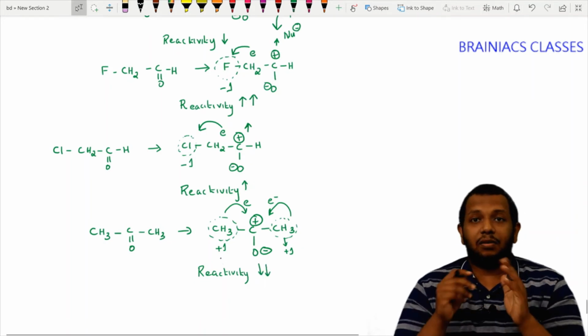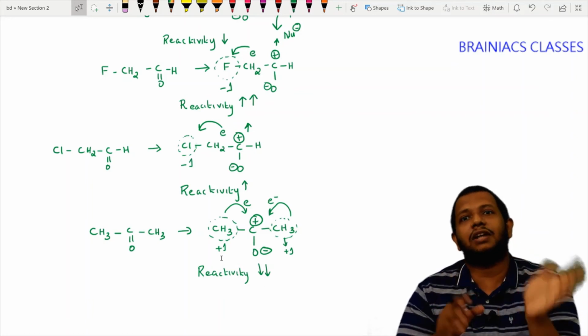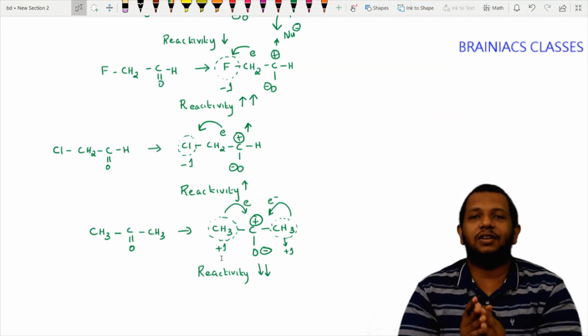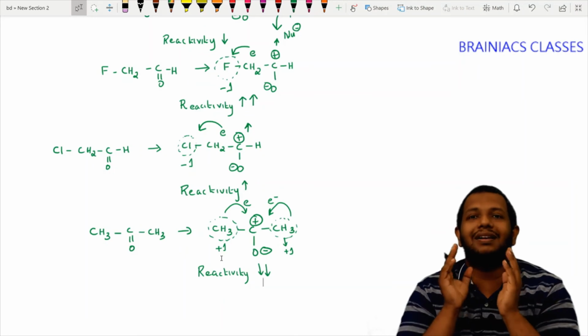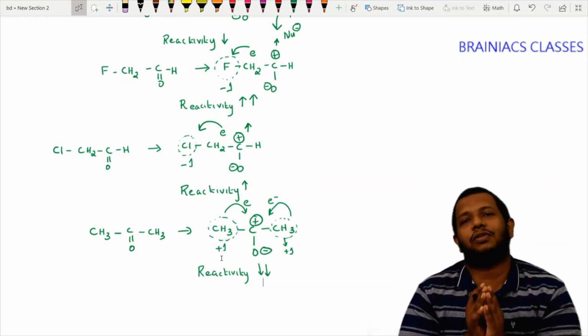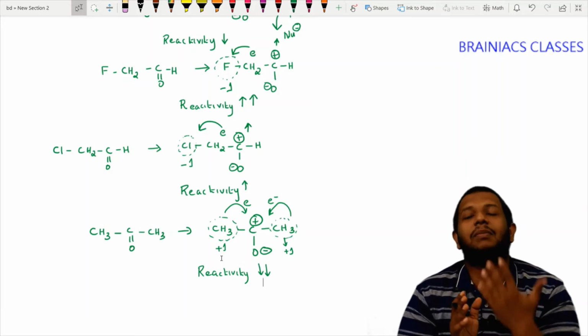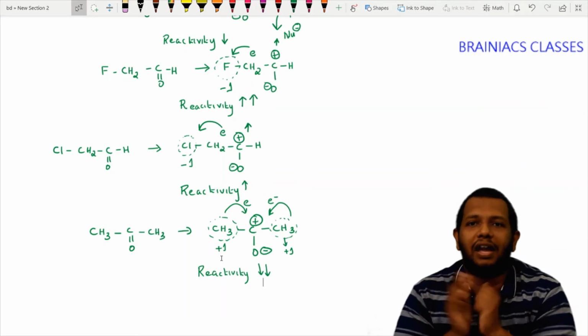This is one logical reason you can give for why the reactivity of aldehydes is much higher than ketones: in ketones, near the central carbonyl carbon, you have more alkyl groups. That will reduce the magnitude of the positive charge on the central carbon. Because of this, the attack by nucleophile will be much less. So aldehydes are more reactive than ketones.